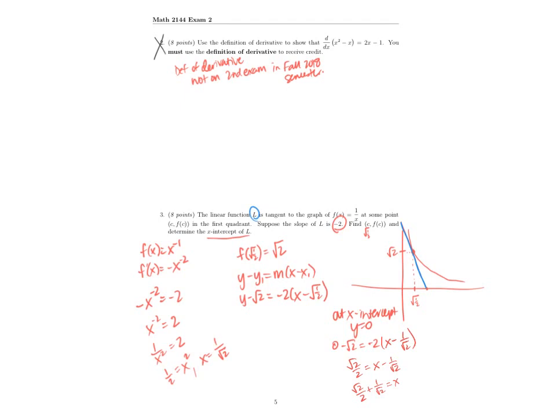If I add those two, let's get a common denominator here. So that's multiplied by square root of 2 over square root of 2, and that gives me x is equal to square root of 2 over 2 plus square root of 2 over 2. If I add that, that's 2 square roots of 2 over 2, which is square root of 2. So that goes here, and that's the x-intercept.